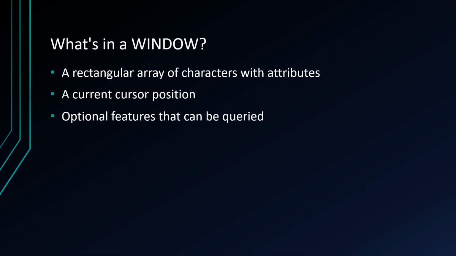So what's in a window? Well, it's got a rectangular array of characters with attributes. It has the idea of a current cursor position, and it has optional features as I mentioned that correspond to the terminal.